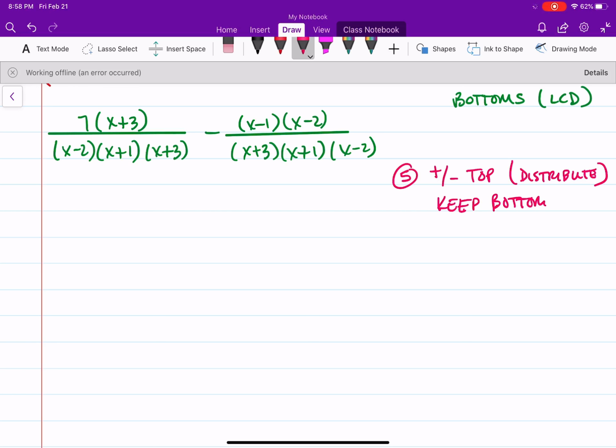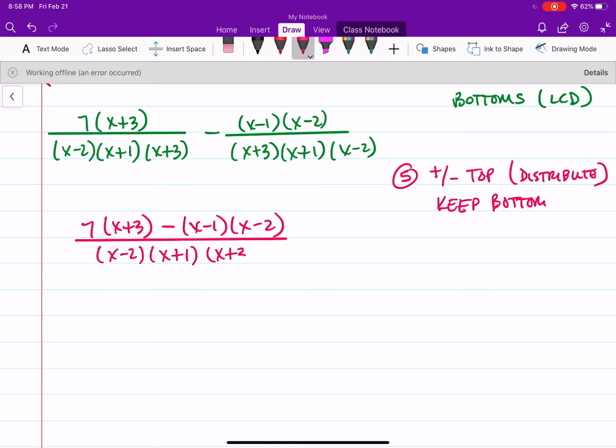All right. So let's write the top out: 7 times x plus 3 minus x minus 1, x minus 2, all over x minus 2, x plus 1, x plus 3. Okay?